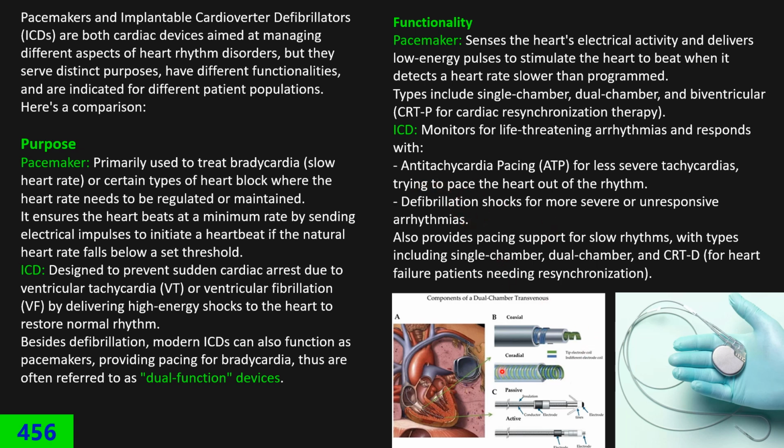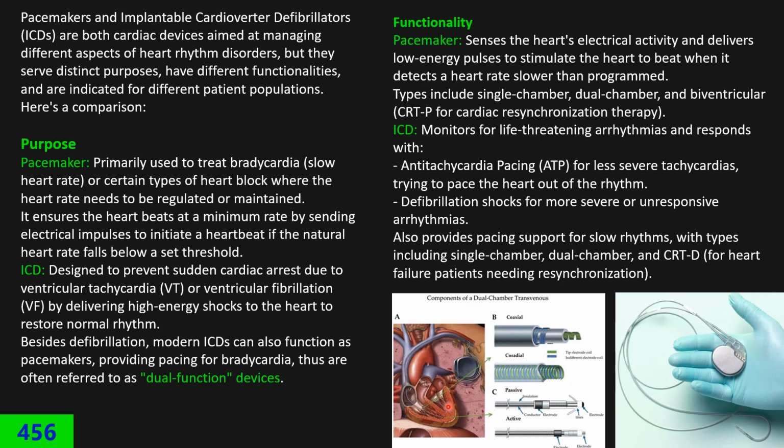One goes to the right atrium, almost in the right atrial appendage, and the second one somewhere between the apex and the mid one third of the interventricular septum on the right ventricle side, anchoring the tip of the electrode to the myocardium.